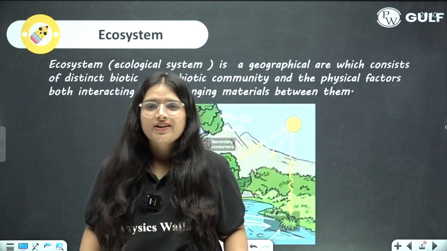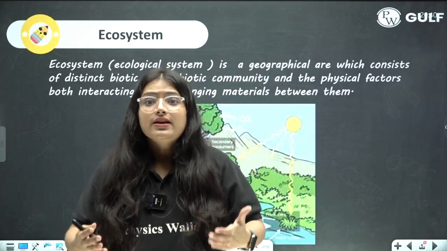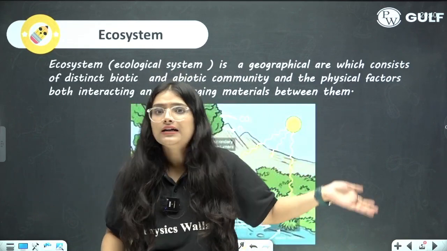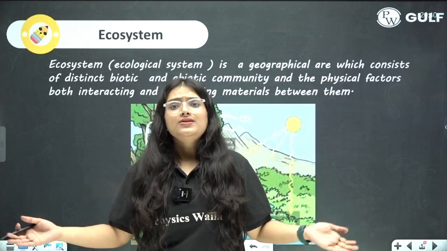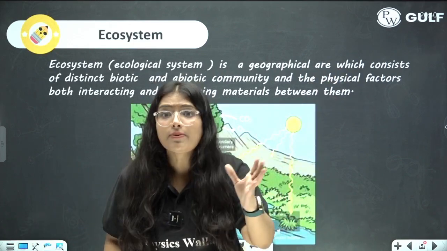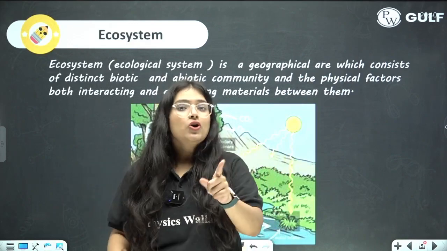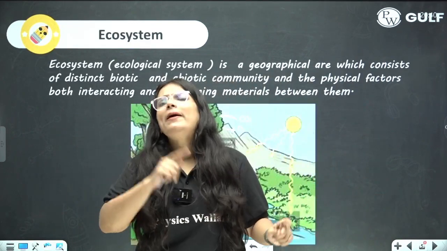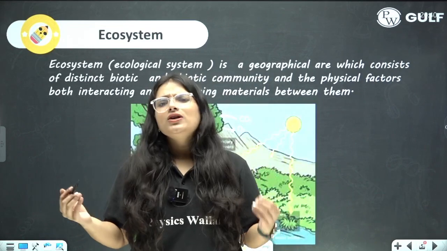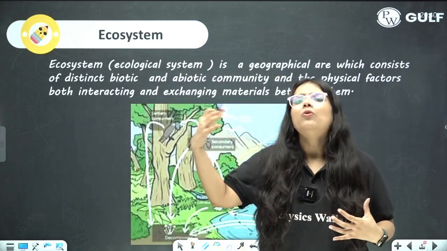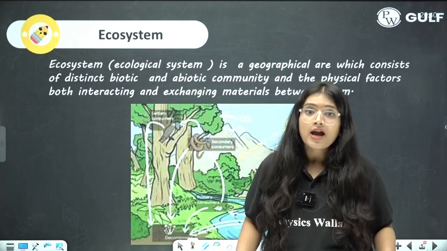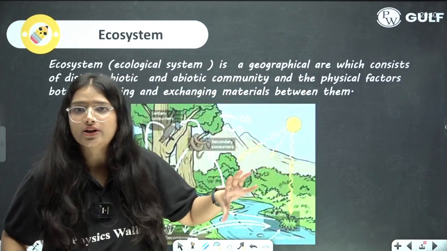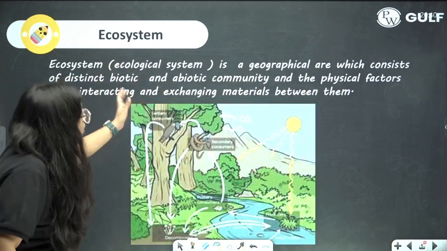Have you ever thought about who is releasing that air into the environment? Of course, plants are releasing oxygen, and humans and animals are releasing carbon dioxide. So biotic and abiotic are interdependent on each other. Of course, you can say that biotic needs more abiotic components. That interdependence of biotic and abiotic is known as ecosystem.